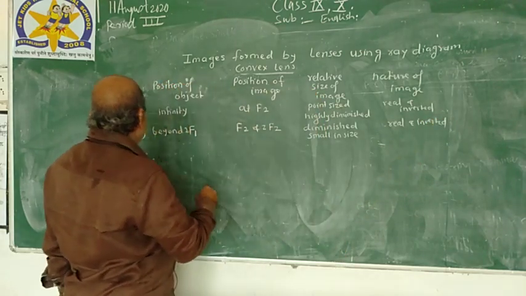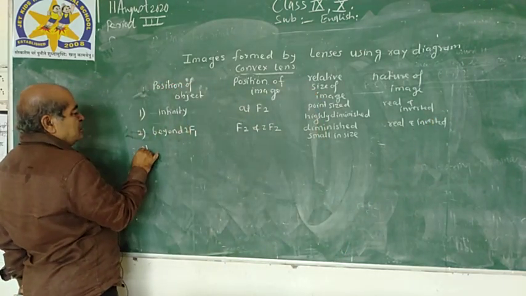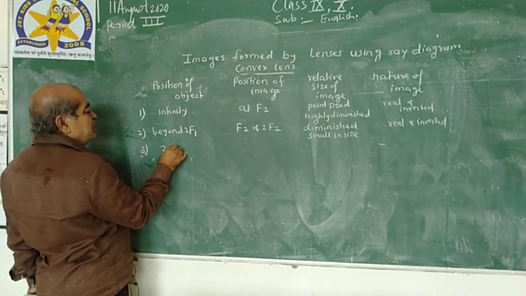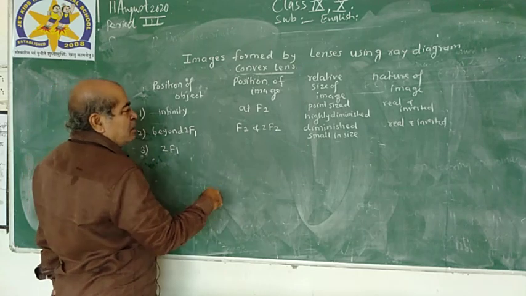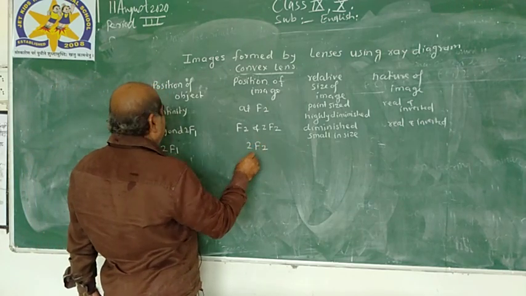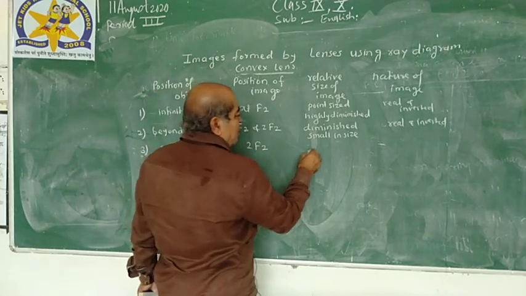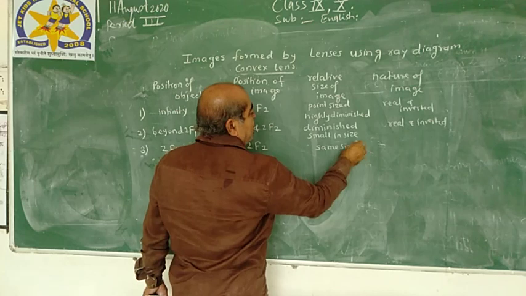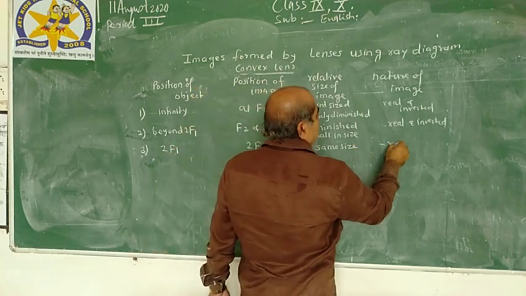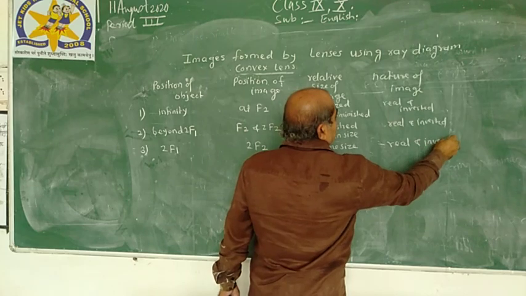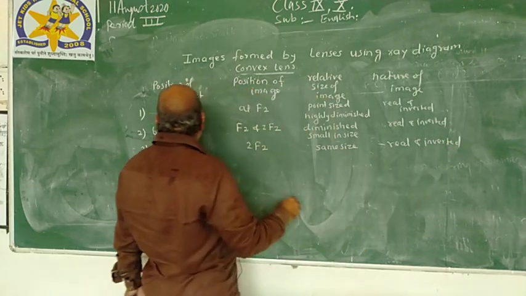Now the third position is when the object is at twice F1, the position of the image is at twice F2, the size of the image is the same size, and again the nature of the image is real and inverted.